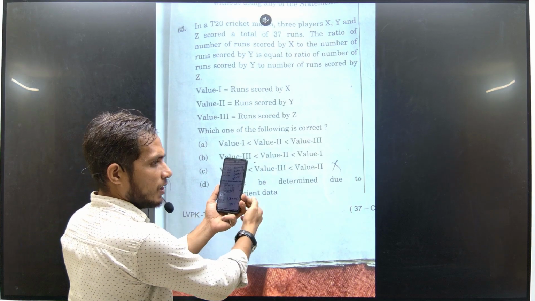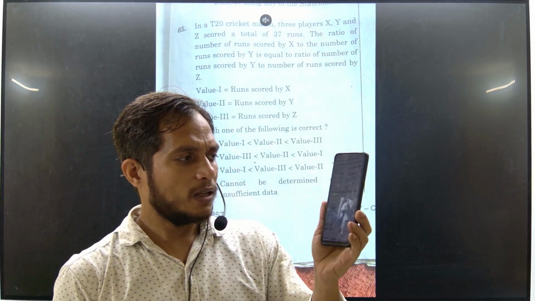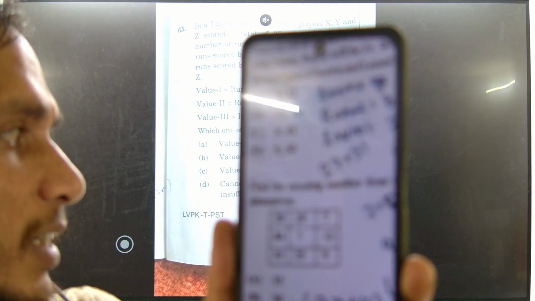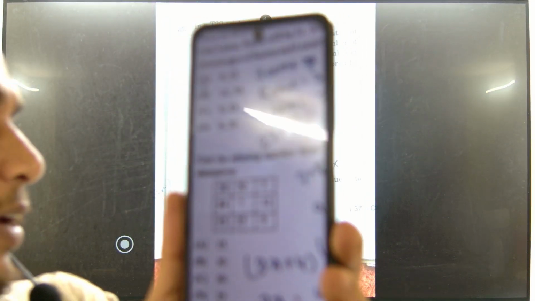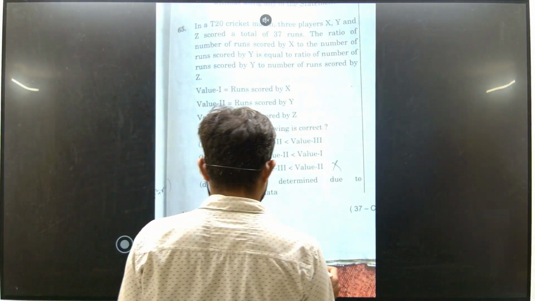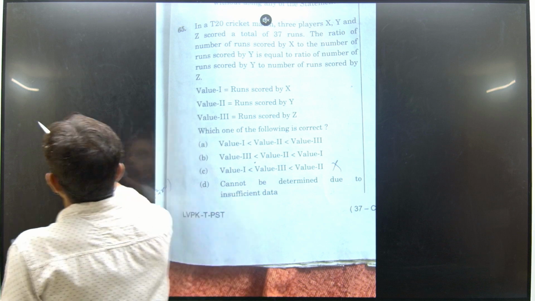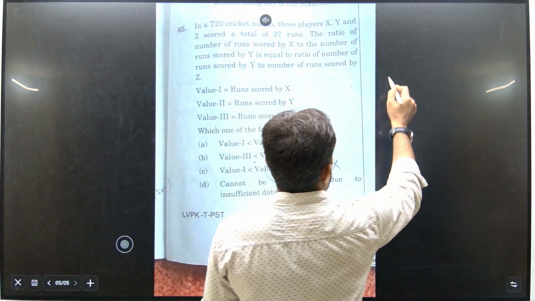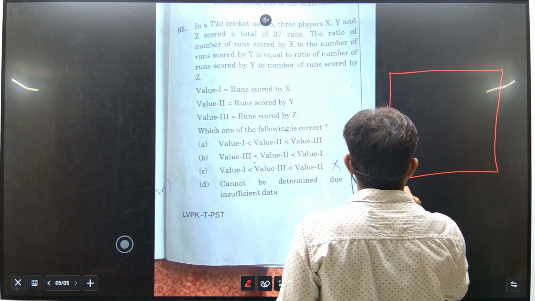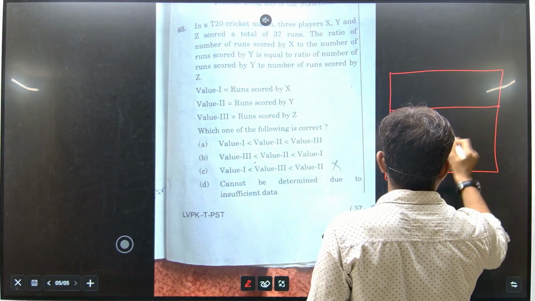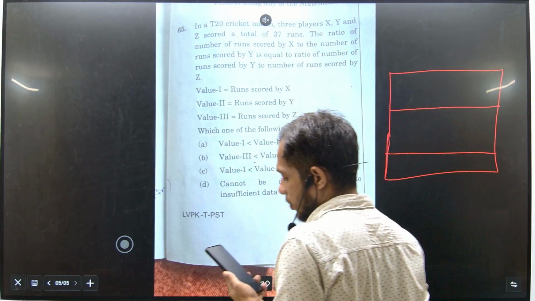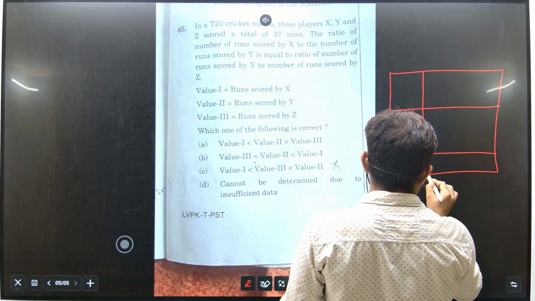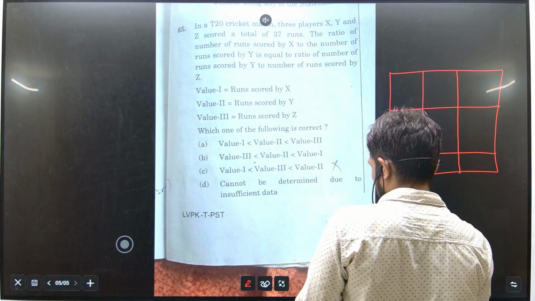Find the missing number. Is it clear? This is the filling of square boxes, or square pattern reasoning. Nowadays, these are a famous type of reasoning asked in each and every type of exam.